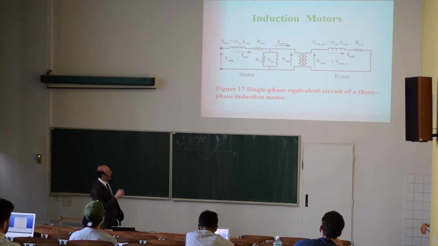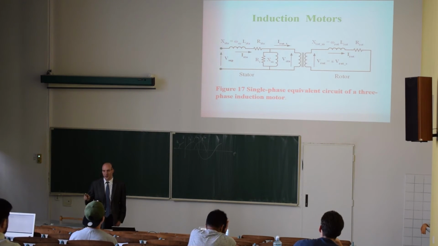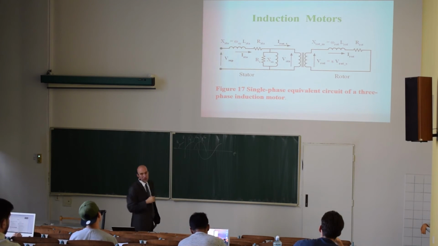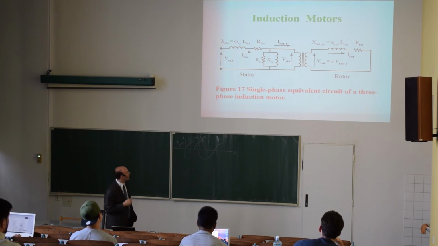This S hides the speed difference between the rotor and the stator. And we can see that if I want to recalculate this voltage back to the stator side, I can multiply that by slip, and this will give me the voltage.